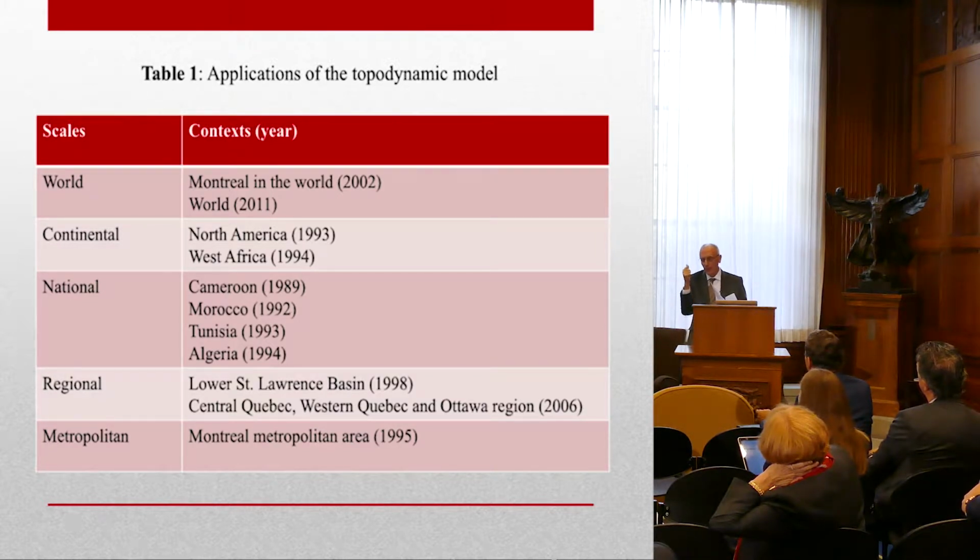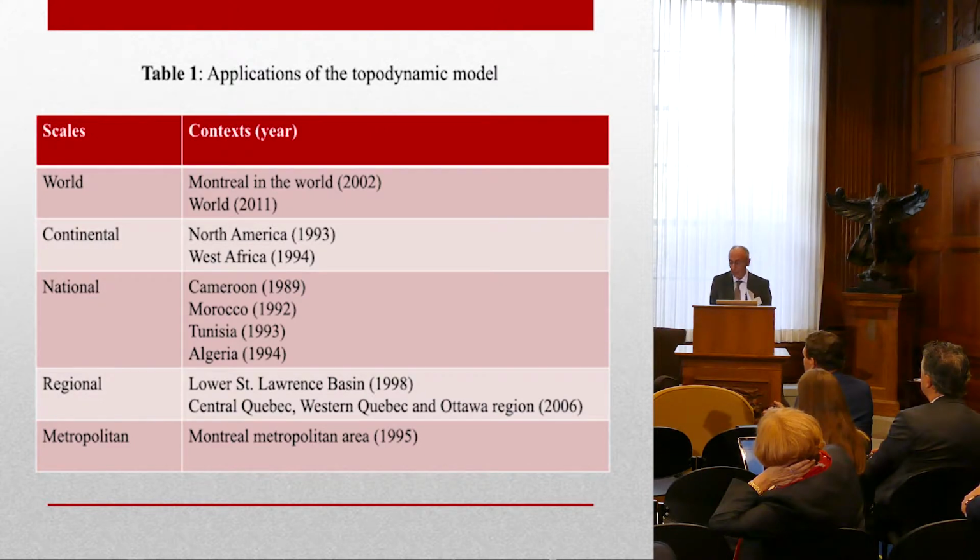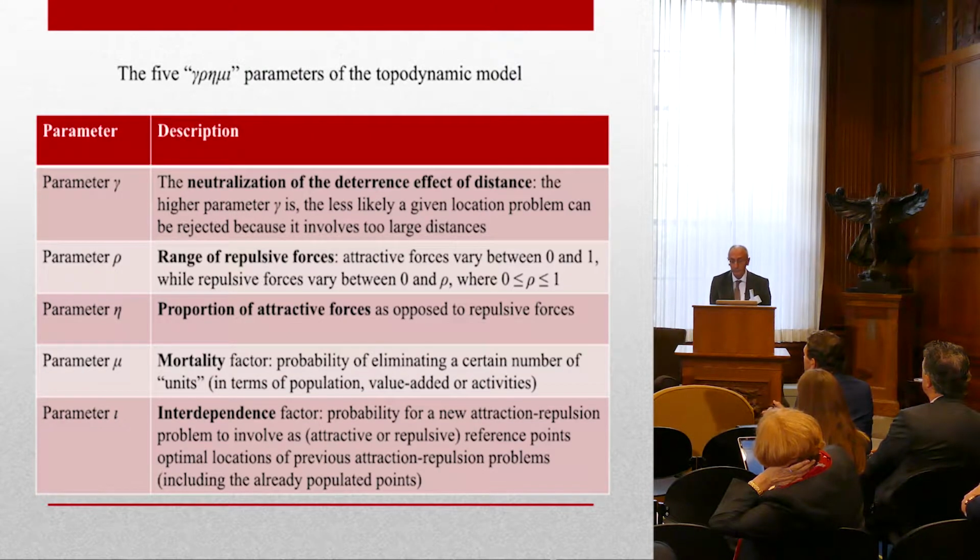And every time we produced projections of population and projections of the evolution of the spatial distribution of production. It is based on the kind of simulations I had made earlier in a very theoretical isotropic space. So it is based on interdependent attraction-repulsion problems, and it has 5 parameters.